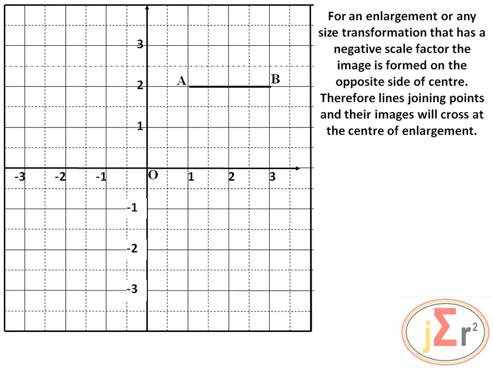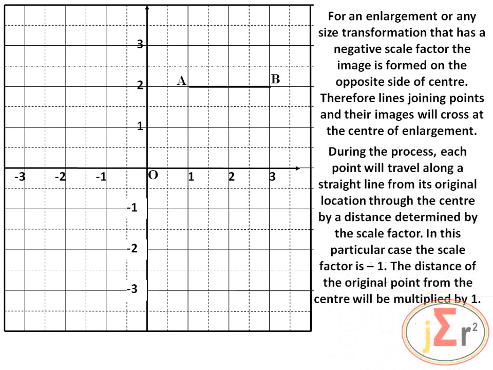Therefore, lines joining points and their images will cross at the center of enlargement under a negative scale factor. During the process, each point will travel along a straight line from its original location through the center by a distance determined by the scale factor. In this particular case, the scale factor is -1.